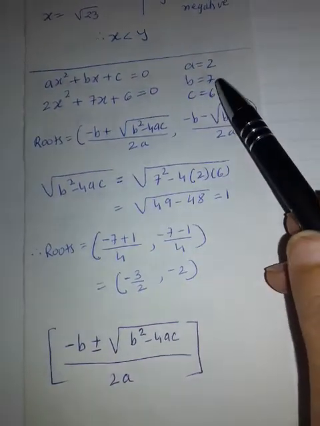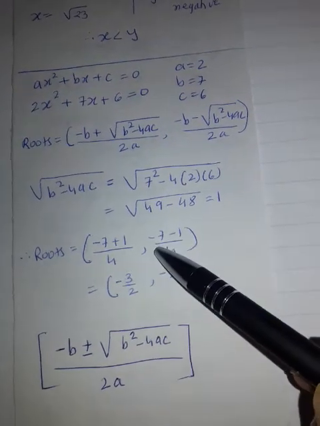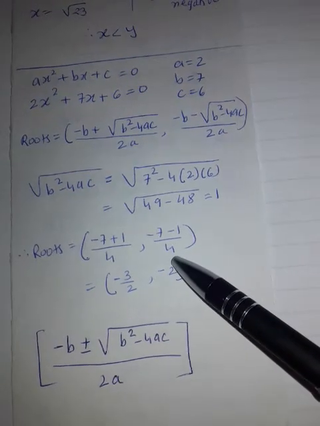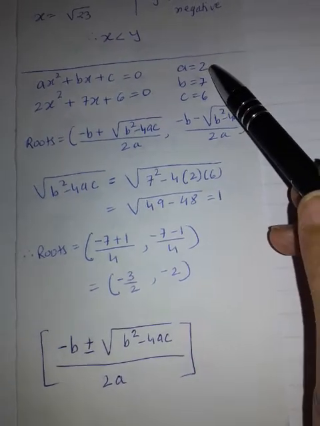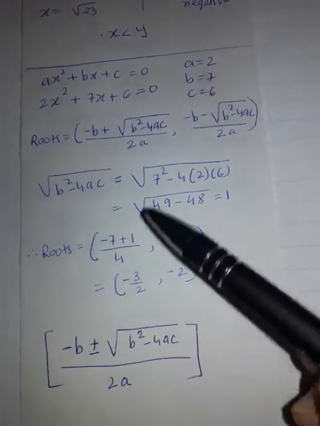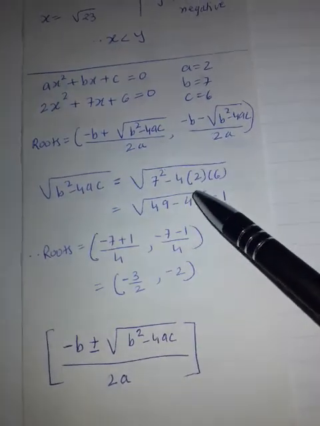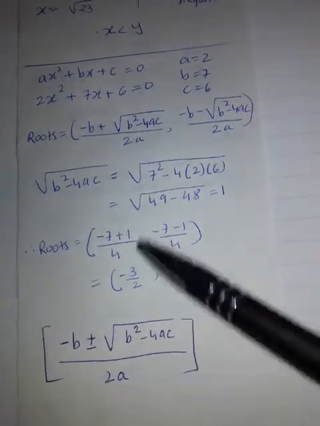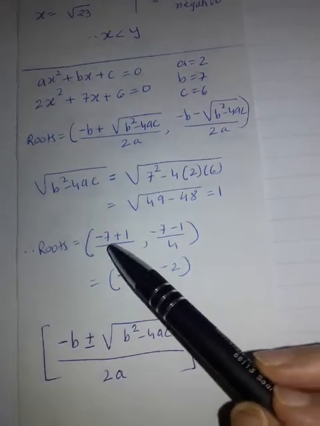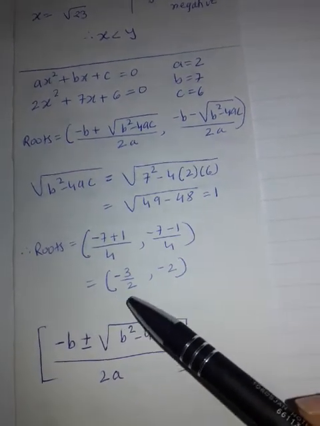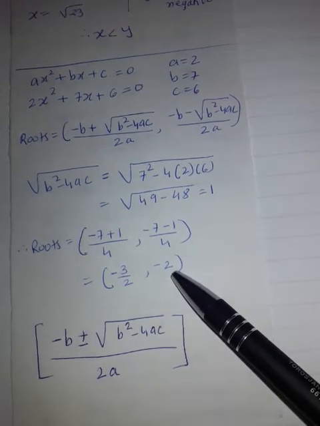What is minus b? b is 7. So minus 7 plus 1 upon 4, and minus 7 minus 1 upon 4. Why is this 4? Because it is 2a. The value of a is 2, so 2a becomes 4. So I am substituting the value of square root of b square minus 4ac in this formula, and the values of b as well as a. Everything substituted, I got the answer minus 3 upon 2 and minus 2.